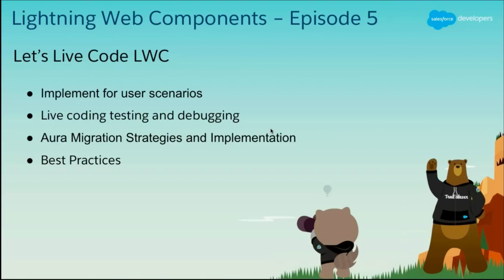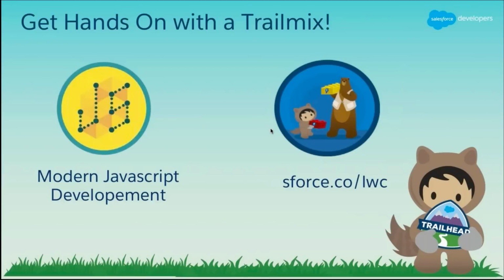But at the same time, you don't have to stop learning. You can keep learning as we go. That can be done through obviously our favorite place, Trailhead. We actually have a module called Modern JavaScript that you can learn from. It has nothing to do with LWC. It's just about how JavaScript has evolved into a modern language.